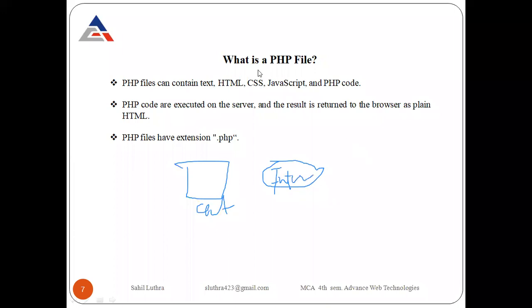And this is called server. So the first one is client, second is internet, and the last one is server.